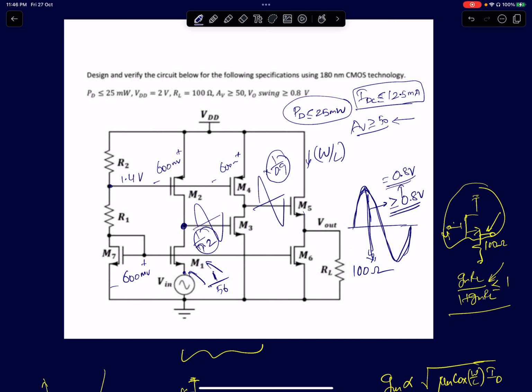If this is swinging close to 100 millivolts, 1/8 of that, this will be 12.5 millivolt swing. So on top of this node, the VGS will keep decreasing or increasing by 12.5 millivolts. You can perform a transient analysis finally to verify if your swings are met properly.